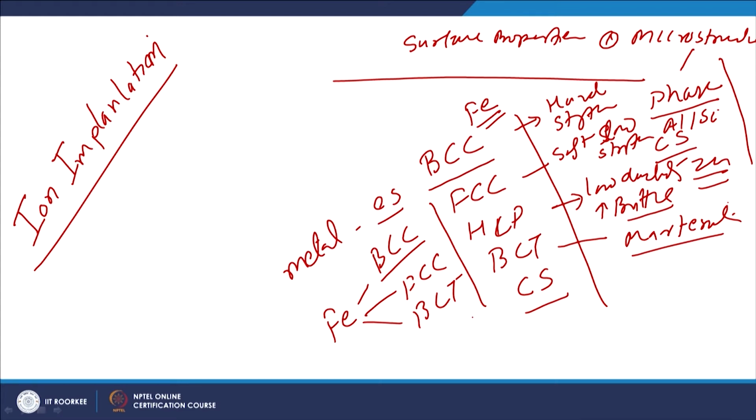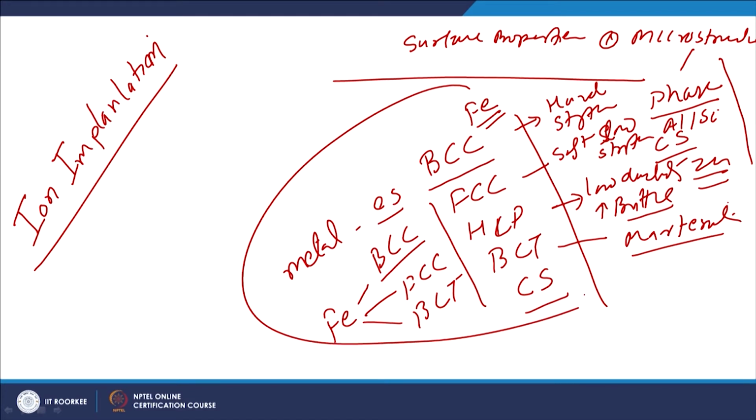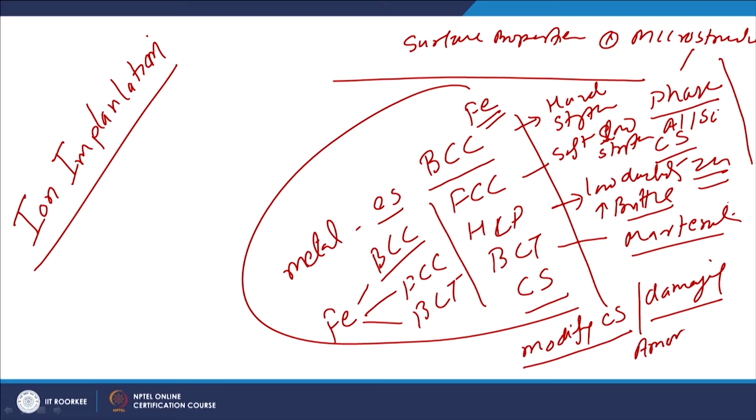In this approach, one thing used to alter the surface property is to modify the crystal structure, by completely damaging it and making it amorphous. There is no systematic arrangement of atoms like in typical crystalline materials.